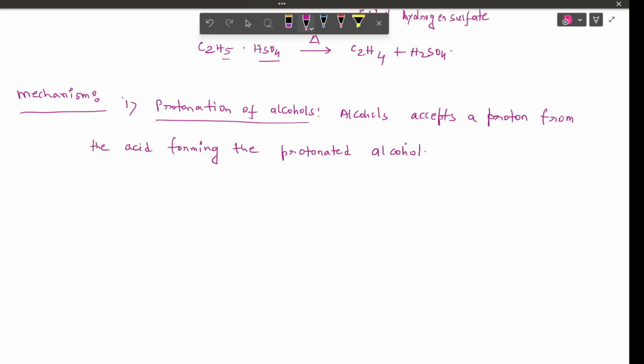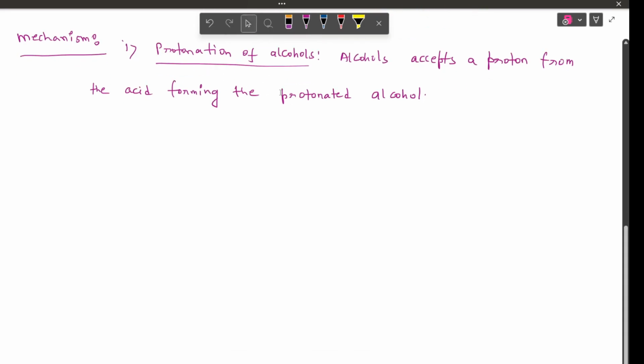Okay. So this is our first step, that is protonation of alcohol.